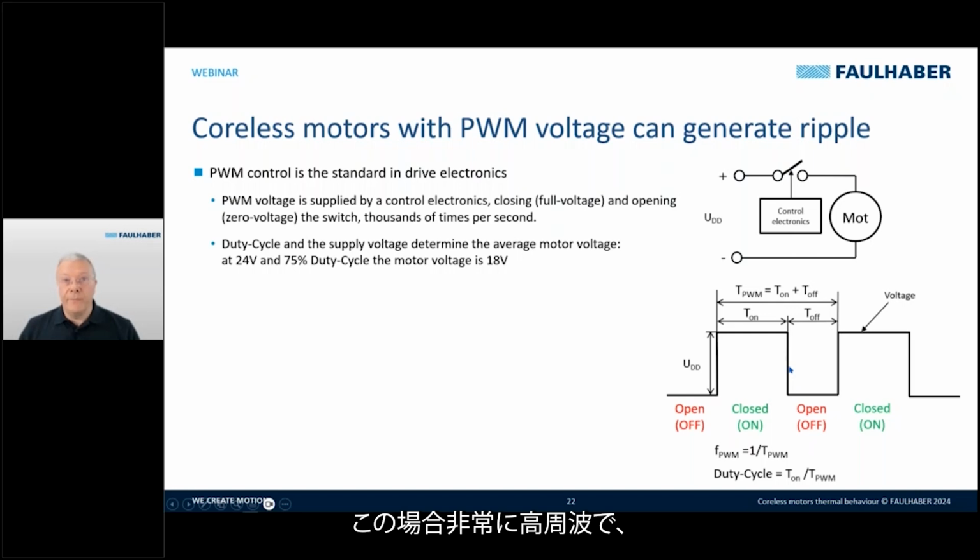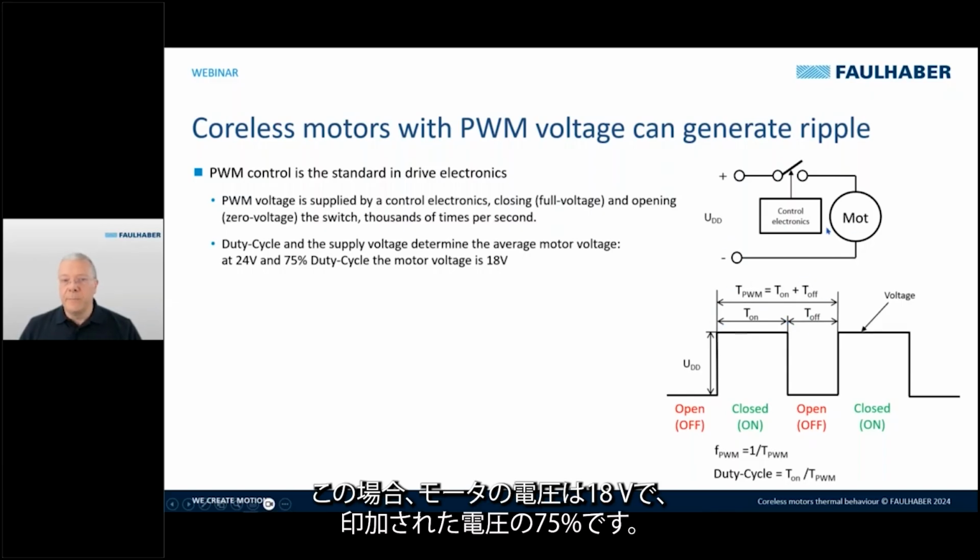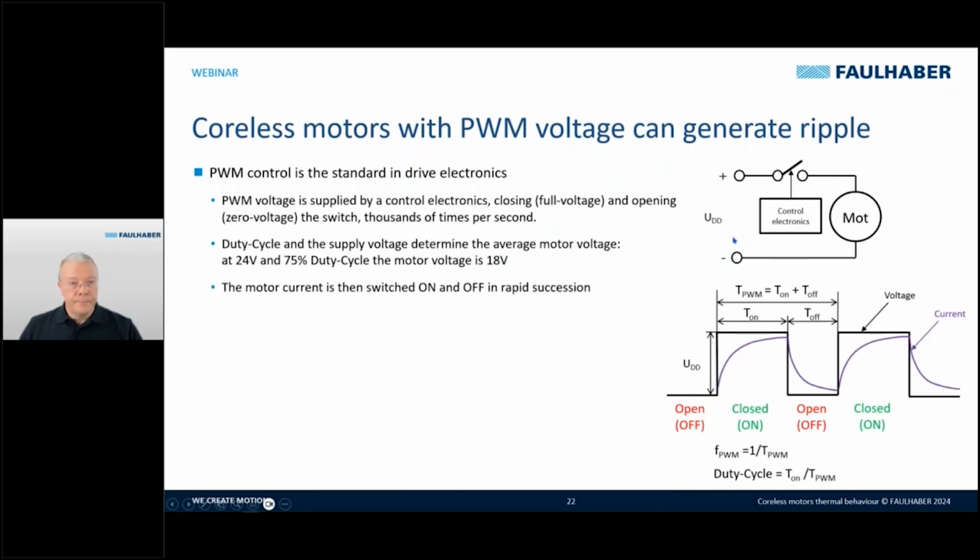We have a very high frequency in this case, in the magnitude of more than 20 kilohertz, for example. And if the duty cycle is 75%, this means that the on time is 75% of the total cycle time. In this case, the motor voltage is 18 volts, 75% of the applied voltage.